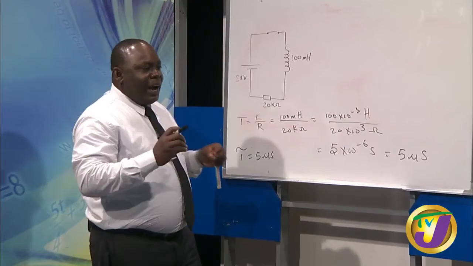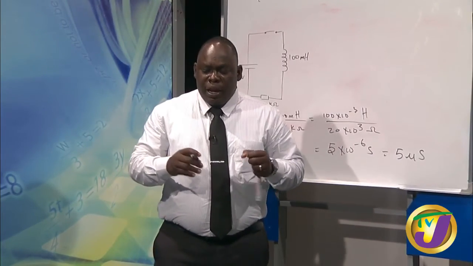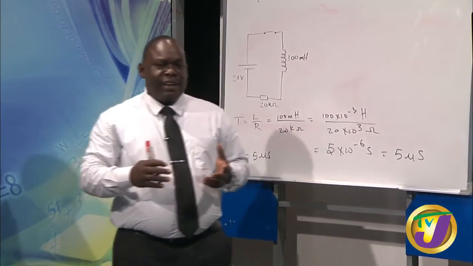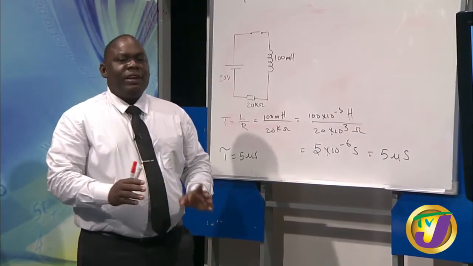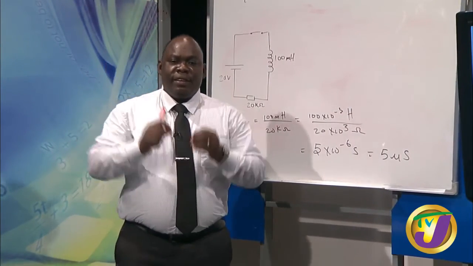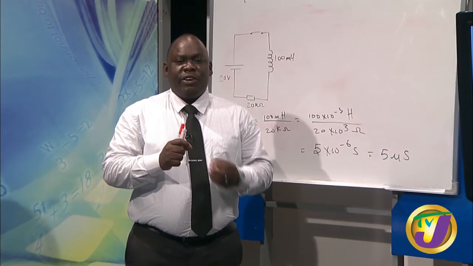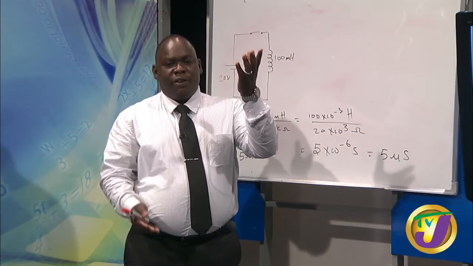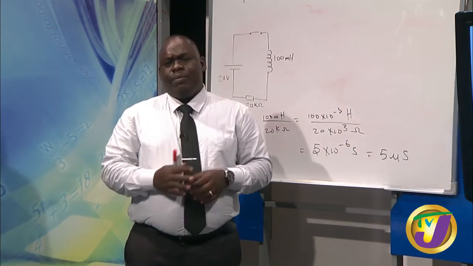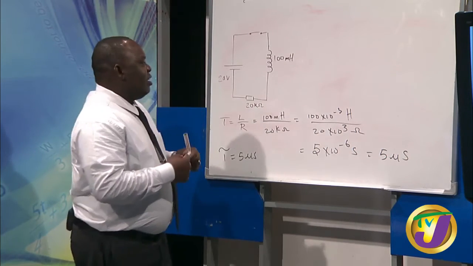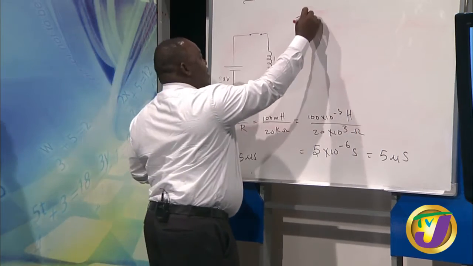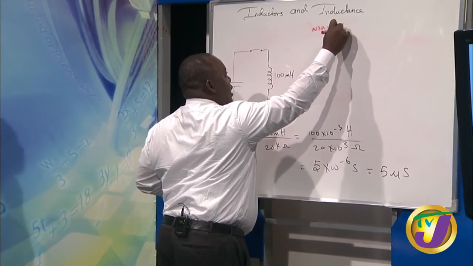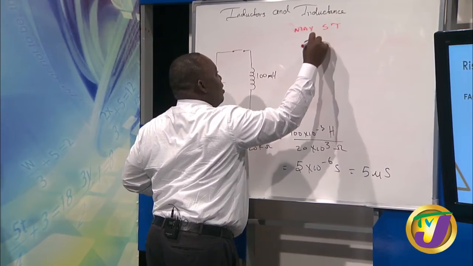Now, what if we were asked what is happening at 15 microseconds? But before we move on to 15 microseconds, remember we mentioned that it takes 5 time constants for the current to rise to its maximum or fall to 0. That is very important because if we calculate for this circuit, for it to reach maximum, it is 5 time constants, 5 tau.